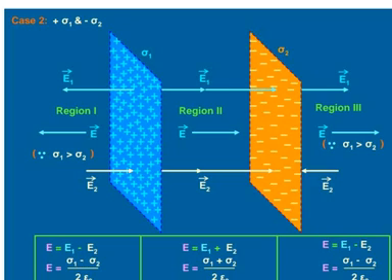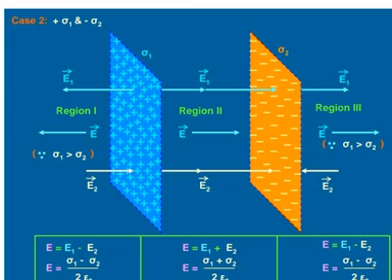In this case, two infinite plane parallel sheets are given to you having uniform charge densities sigma 1 and sigma 2, but sigma 2 is minus, meaning a negatively charged sheet. You can say that the charge densities are sigma 1 and minus sigma 2, and you have to find out the electric field in the three regions as shown.